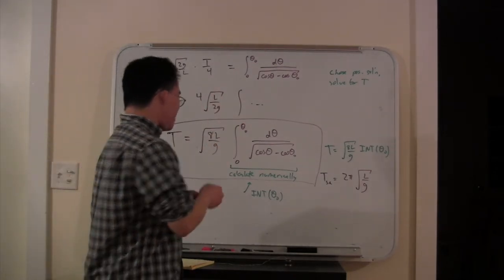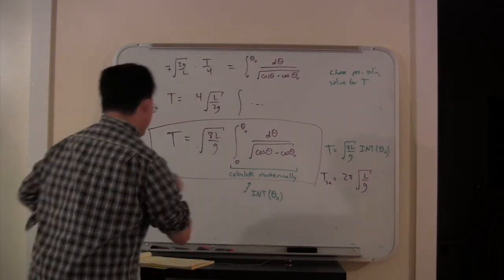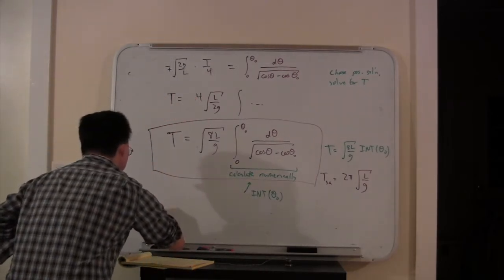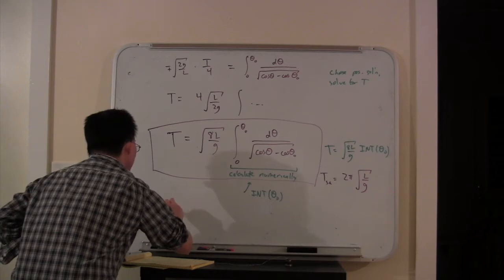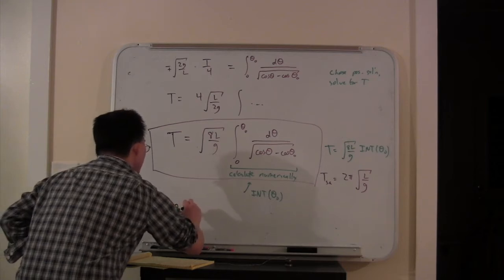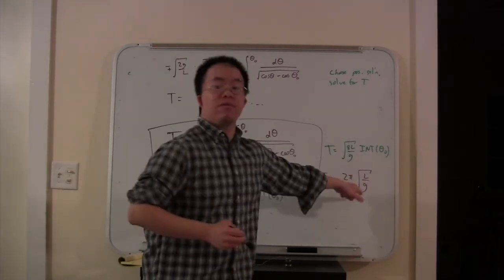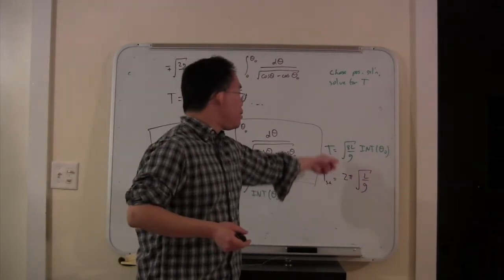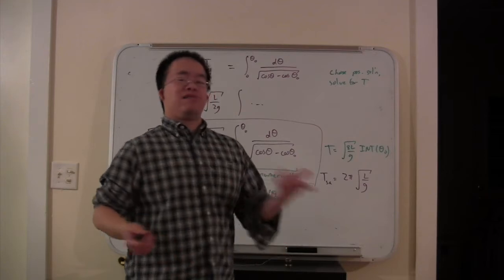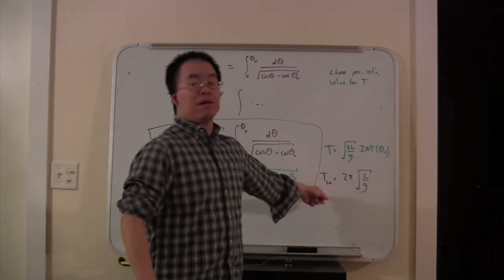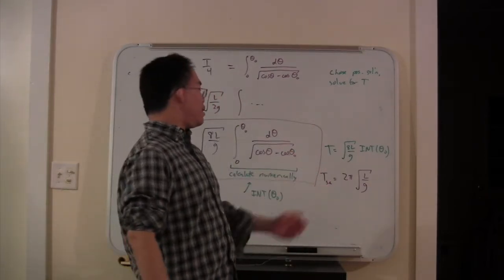So what we expect for small theta naught: we have this common factor of root L over G in both of these expressions. That's good, but that's required by dimensional analysis.